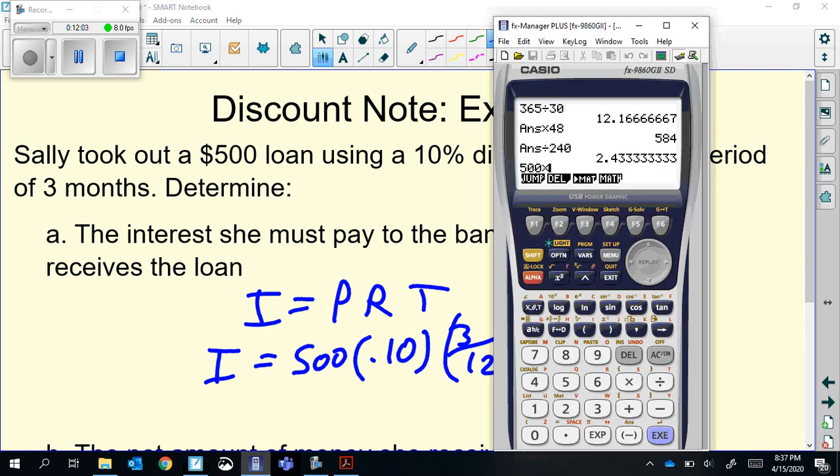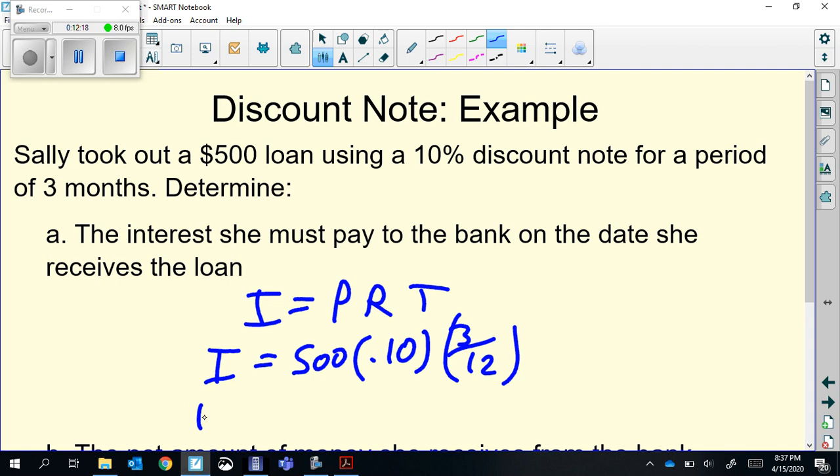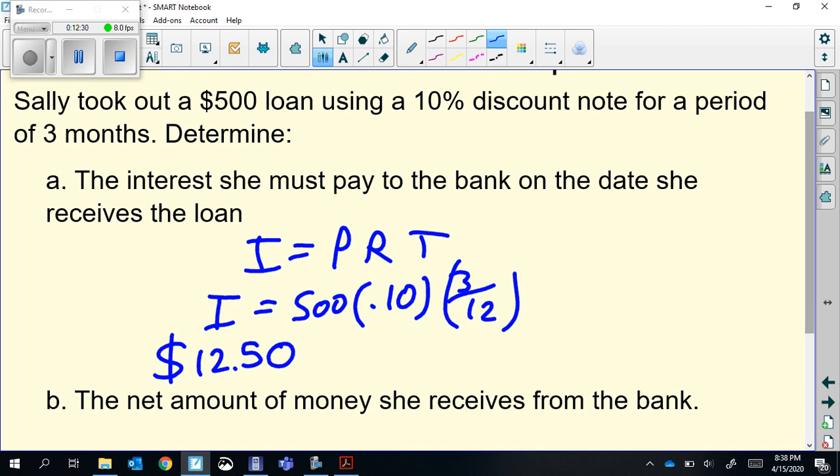So 500 times 0.1 times 3/12 is 12.5. Remember that's money, so that'd be $12.50. That's not that much, but you're only borrowing $500.